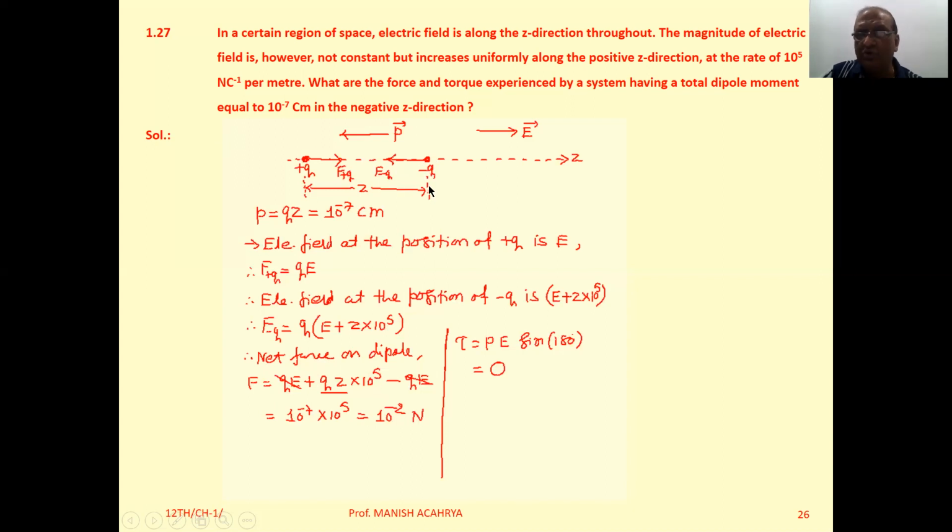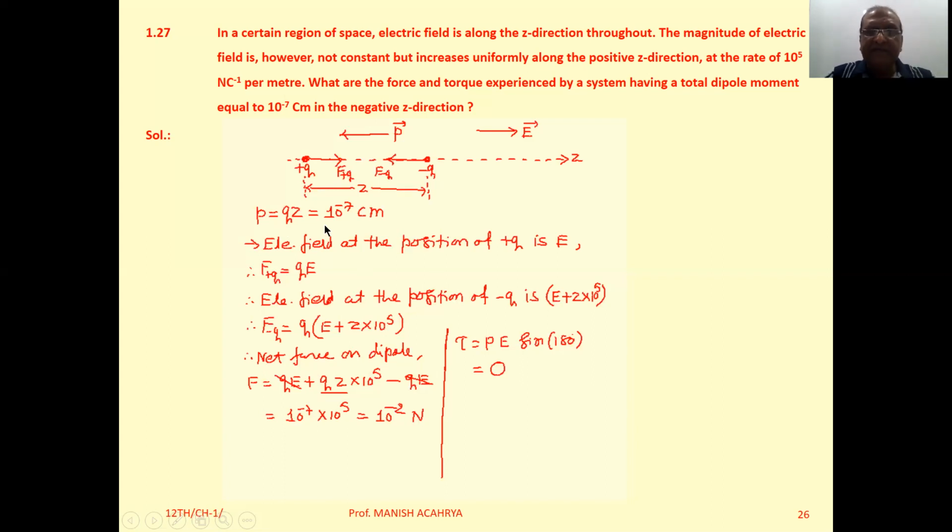That is the force on minus Q, in the opposite direction of the electric field, and on plus Q it is in the direction of the electric field, but the force on minus Q is greater than the force on plus Q. So force on minus Q minus force on plus Q.